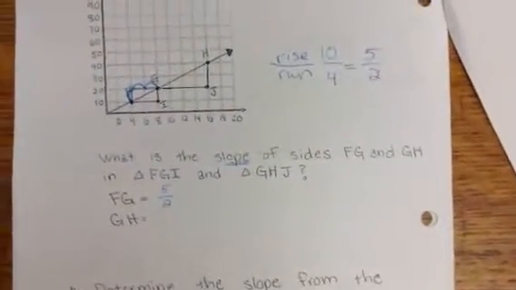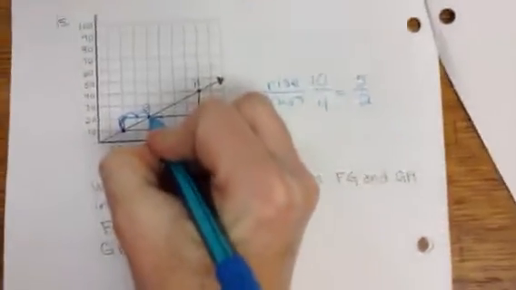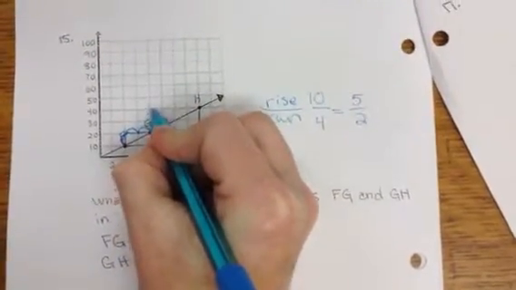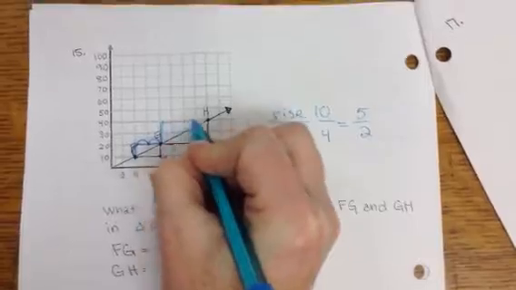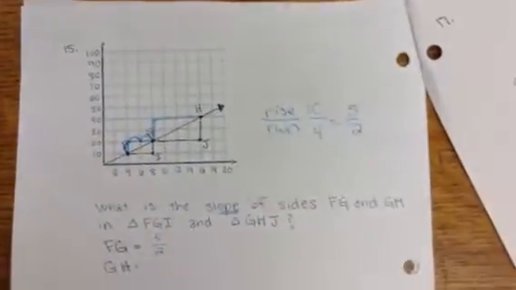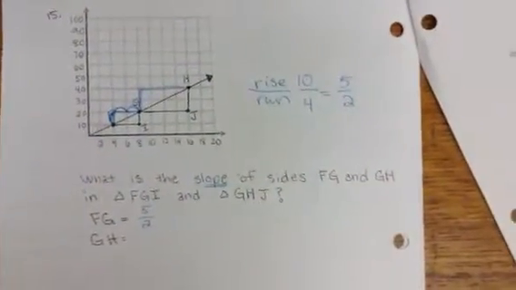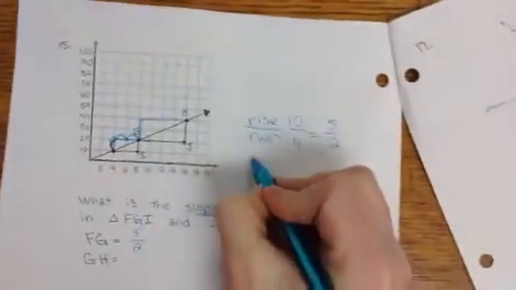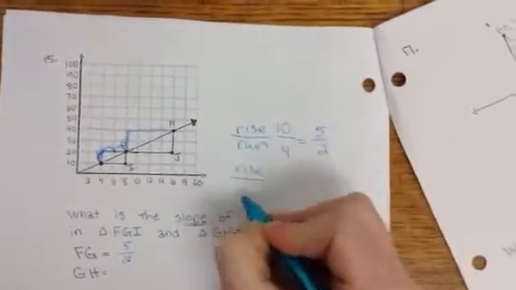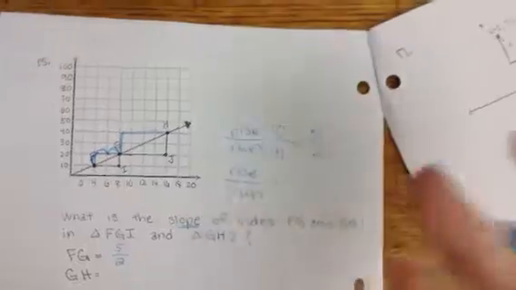It also wants me to get the slope of GH. So from point G, I'm going to draw a line that goes straight up and straight over to connect G and H. And then I'm going to also write out the number that I get for rise and the number that I get for run.